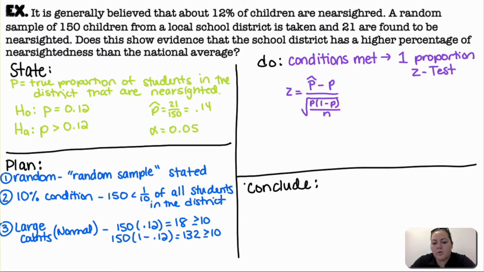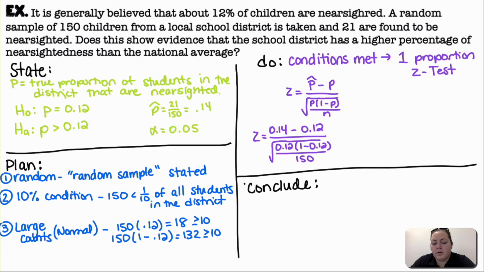The general formula is p hat minus p divided by the square root of p times 1 minus p over n. Plugging in numbers: p hat was 0.14 minus p was 0.12, divided by the square root of 0.12 times 1 minus 0.12 over 150.